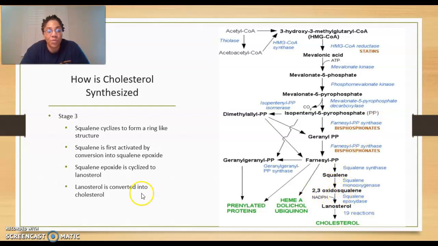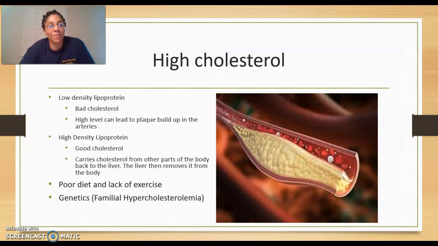Then the 2,3-oxidosqualene is cyclized to form lanosterol. Then lanosterol is converted into cholesterol, which loses 3 carbons in a 19-reaction process, forming cholesterol, which is a 27 carbon molecule. And that's how cholesterol is synthesized.